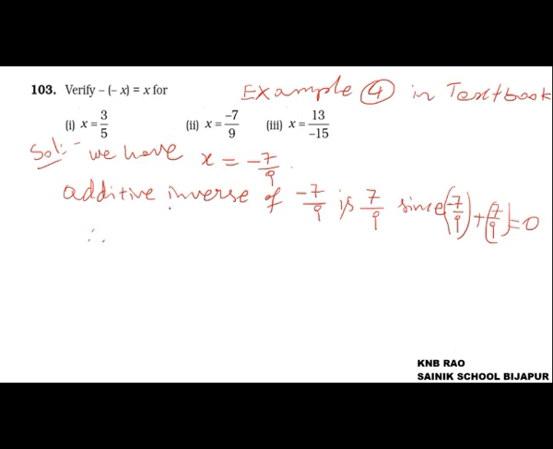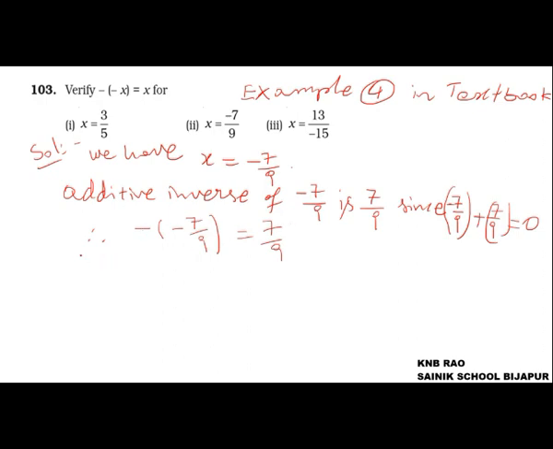Therefore, what we can say, minus of minus 7 by 9 is equal to 7 by 9. It is nothing but minus x. x equals minus 7 by 9, minus x. It looks like this.